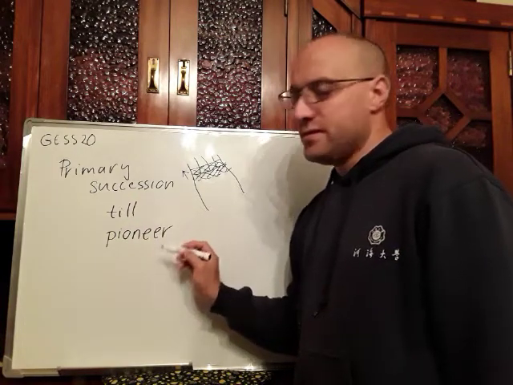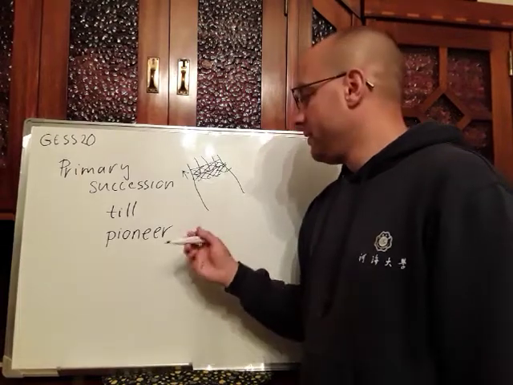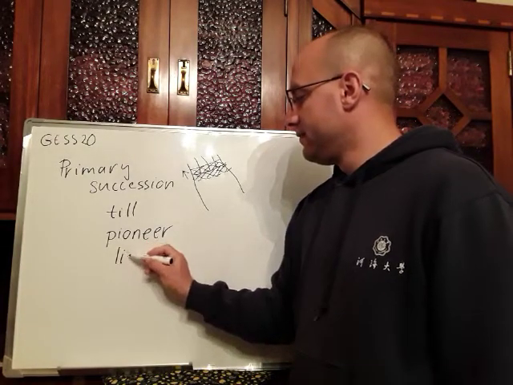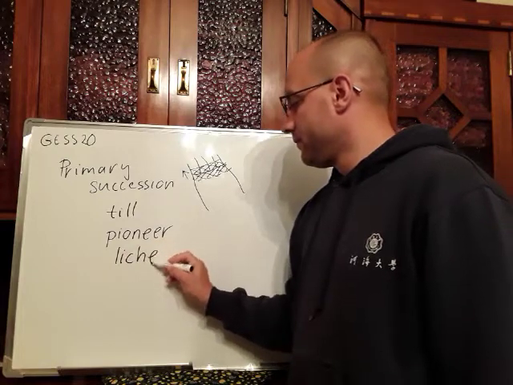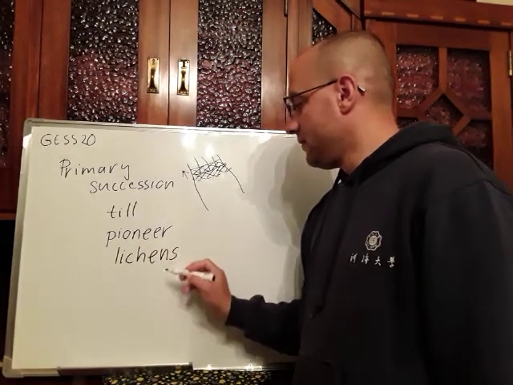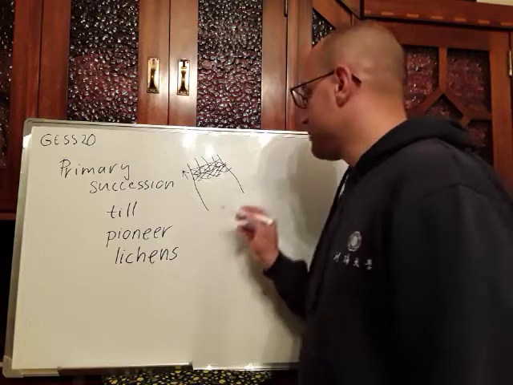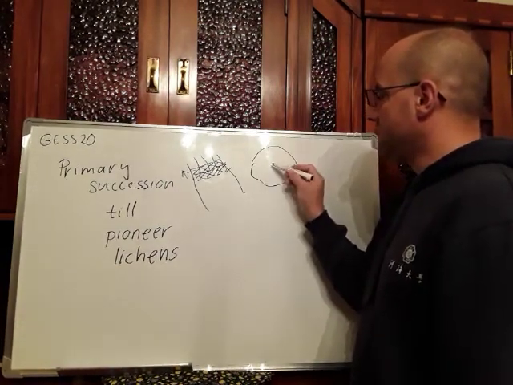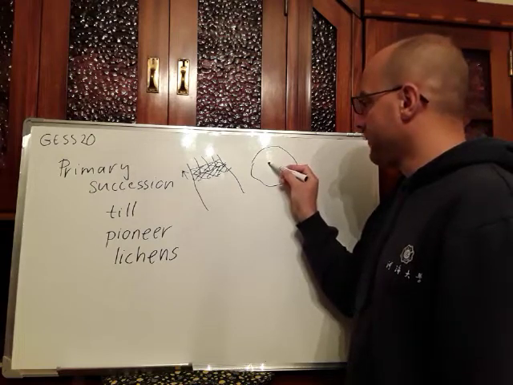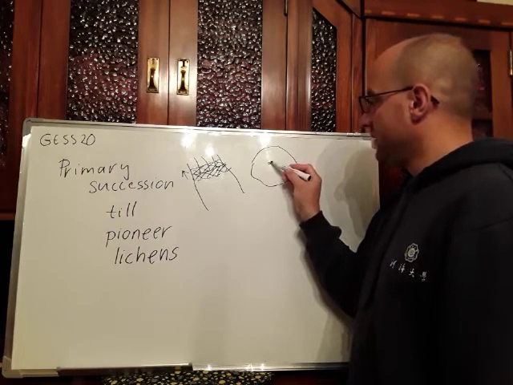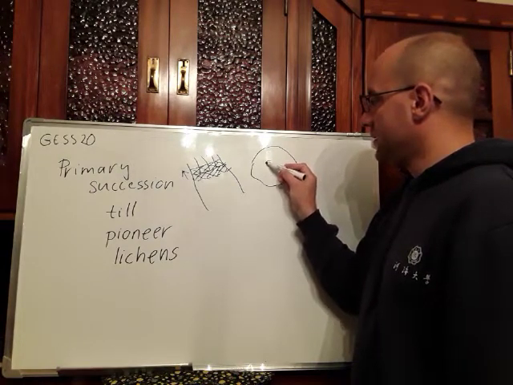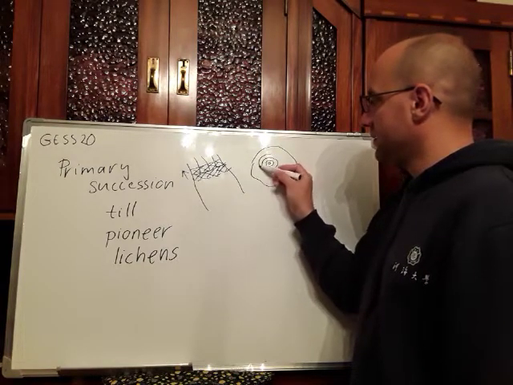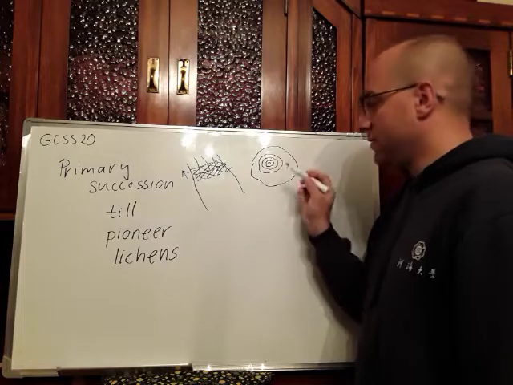So pioneers, including things like lichens. Lichens are going to be interesting because, if we have a rock, they would be developing by time from something very small, in a circular shape.